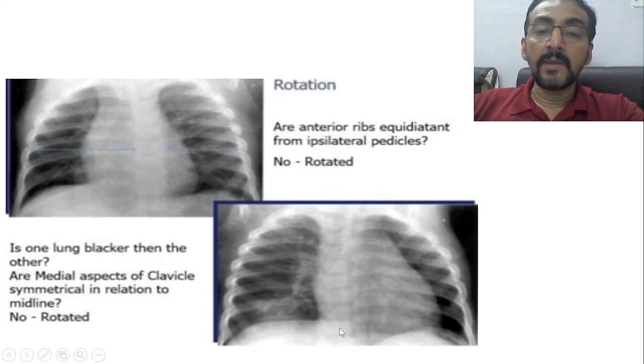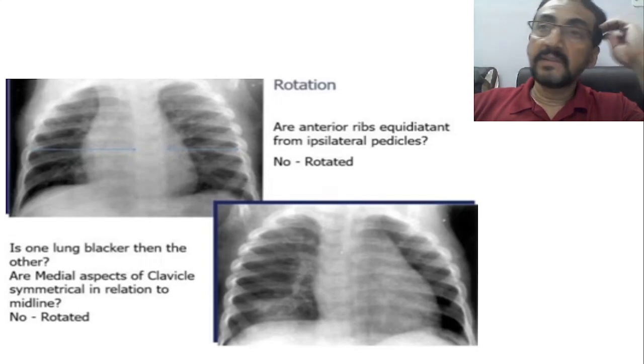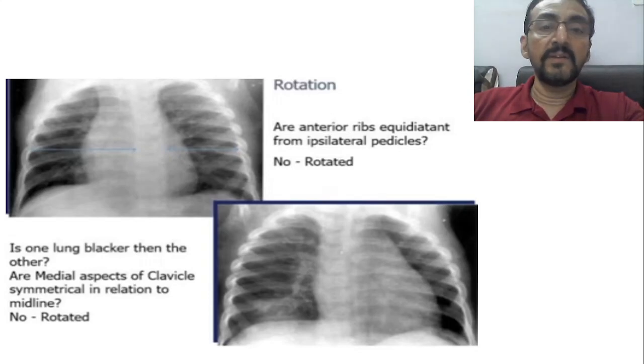If this is the central line, we have to see whether the medial ends of the clavicles are equidistant from the central line. If not, it suggests that it is a rotated film, not a non-rotated film. The positioning was not proper when taking it.